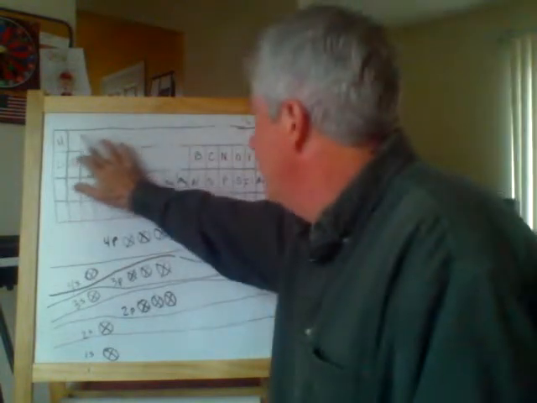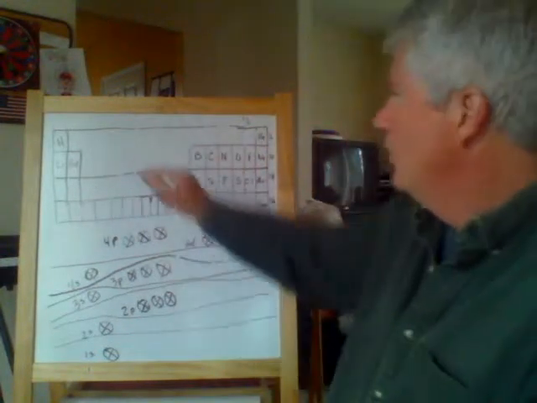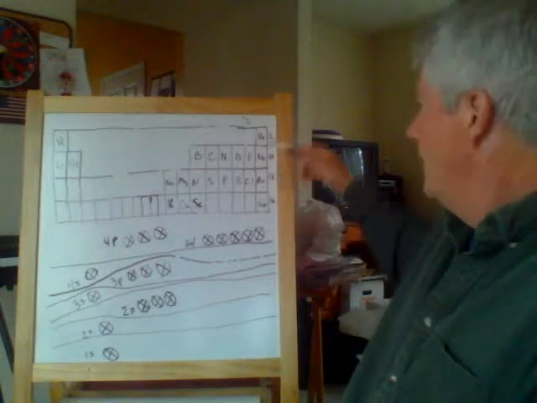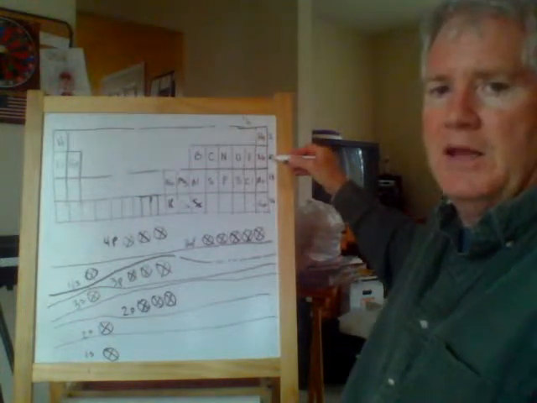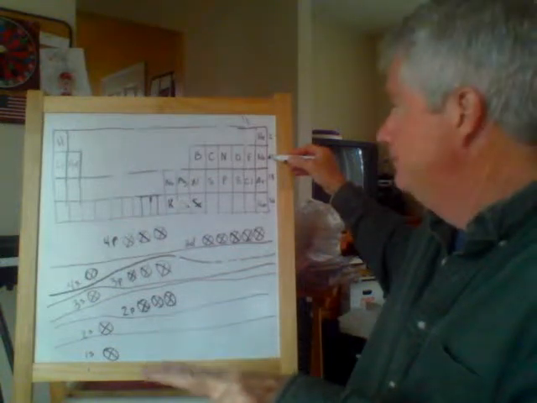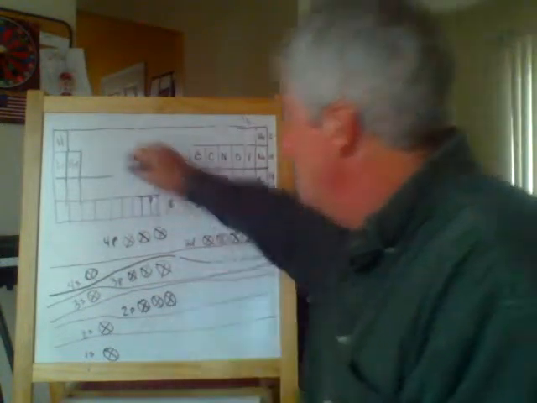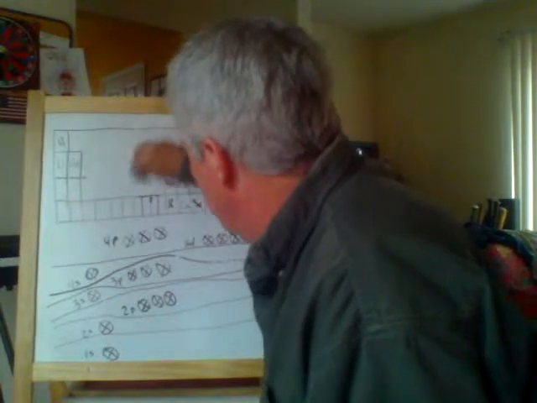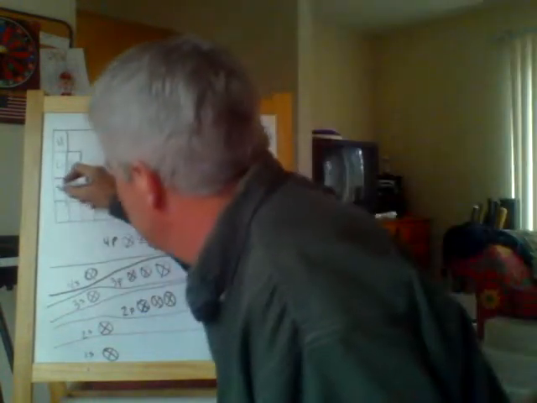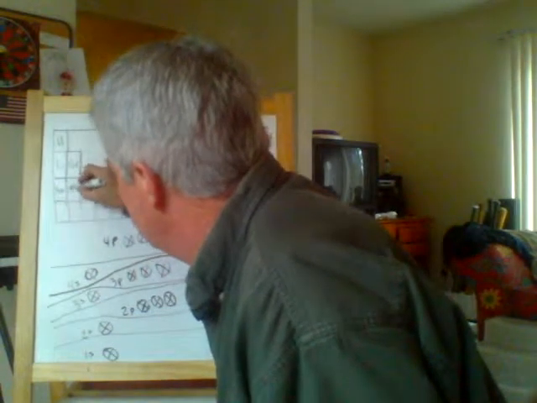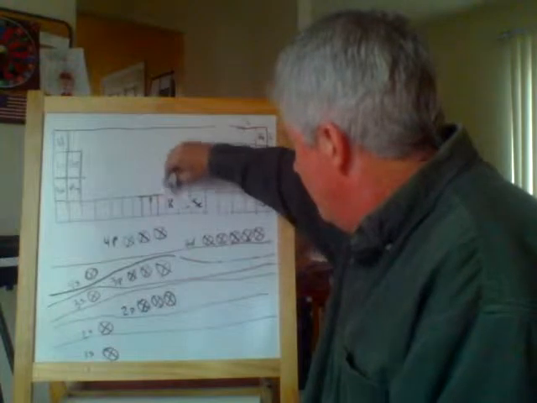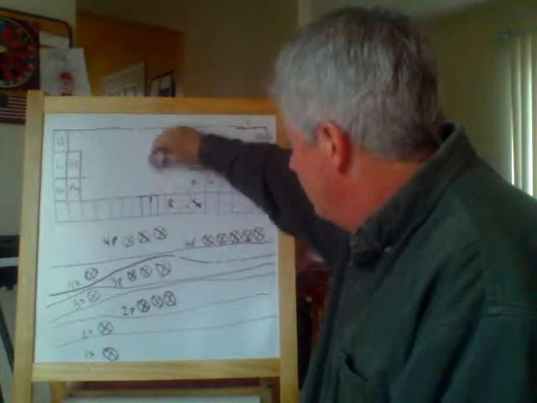So there's this big gap here because we have the s orbitals being filled, then the p orbitals being filled, and by the time we get to neon, that whole s and p level is filled. Then when we get down to the third row, we again start with our 3s ones, which is sodium and magnesium. Then we have a big gap again until we get to the p's.